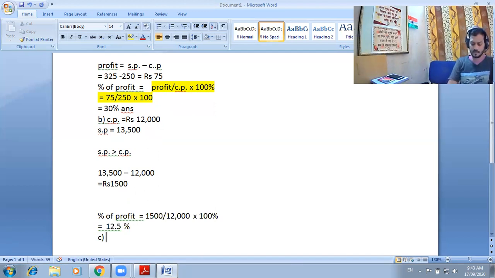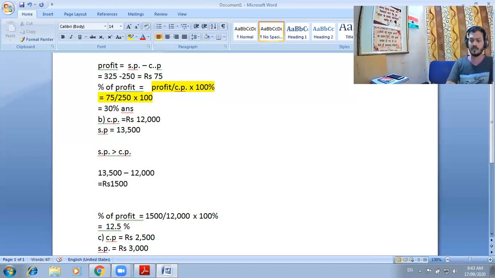Question C, what is given? A cupboard bought for rupees, again C is similar to the first and second. Firstly we have CP equal to rupees 2,500, and SP equal to rupees 3,000.